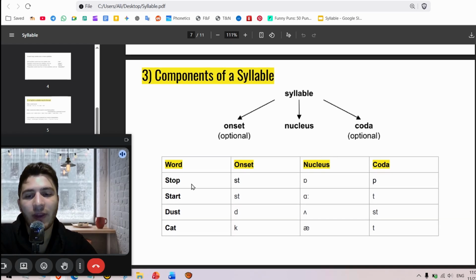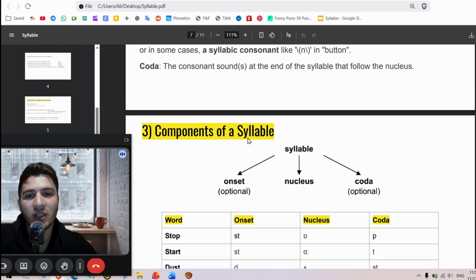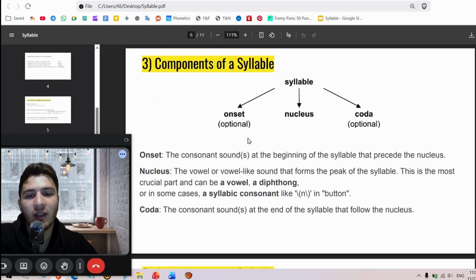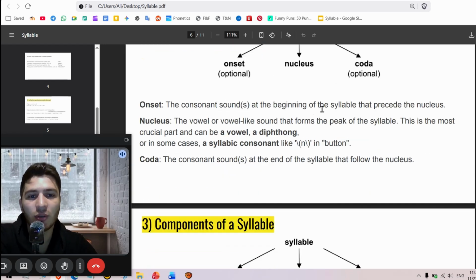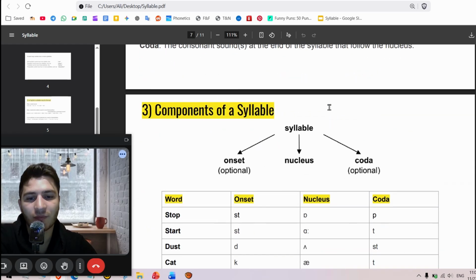For example, we have the word stop. Our onset is st, because onset, as we said earlier, is consonant, but it is not limited to only one consonant sound before nucleus. It might consist of two consonants.